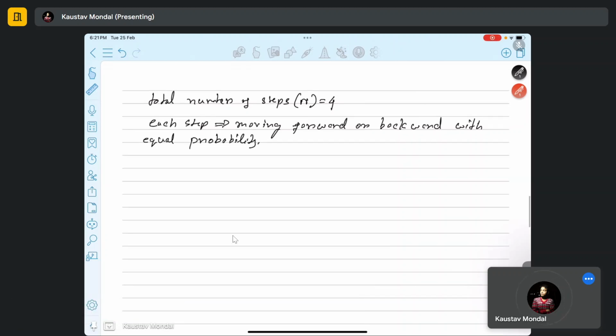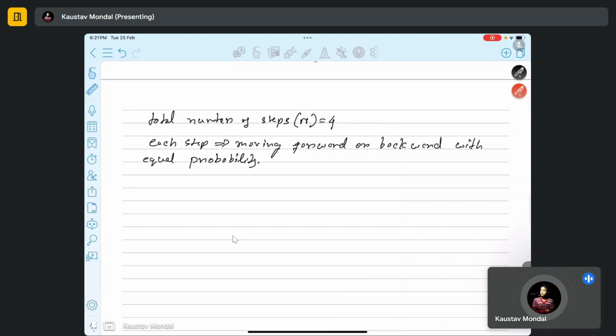In the problem it's also given that p is equal to half and q is also equal to half. That means p is moving forward and q is moving backward.